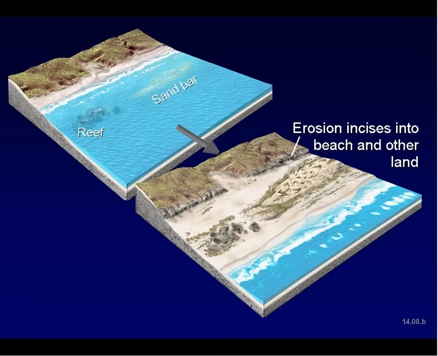Water that's flowing overland, so water in rivers and streams and so forth, so overland flow, we might class all these different types of water together, incises more into the land itself. And the reason for this is because of the gradient between the final position of the ocean here and the position of rivers or land flow has increased.